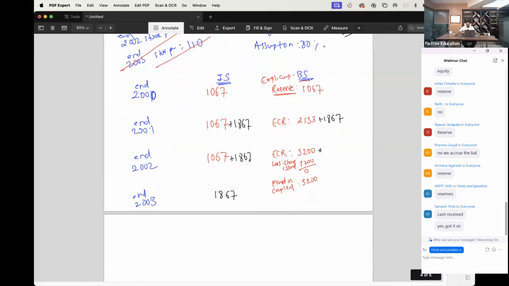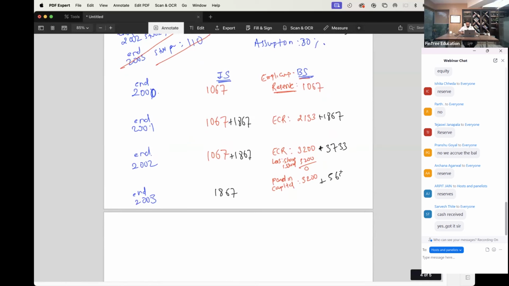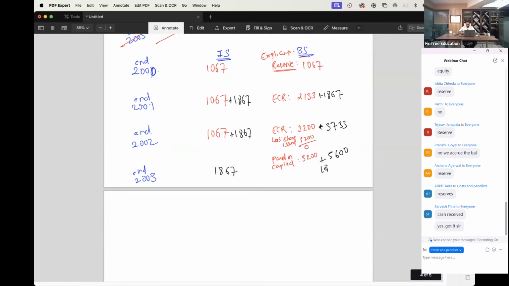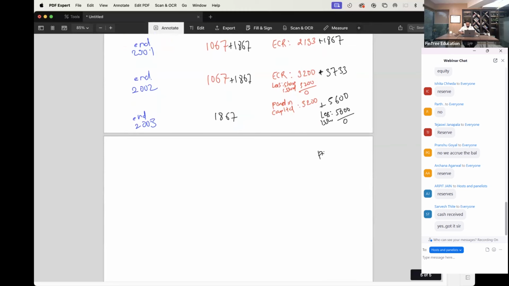Then this goes up by 1867 plus 1867. How much is that? 3733. Reserves are accumulating on my balance sheet equity. And finally, this becomes 5,600. Then we will say less shares issued, 5,600. This becomes 0. And then we will have a paid in capital. Paid in capital will become increased by 5,600.